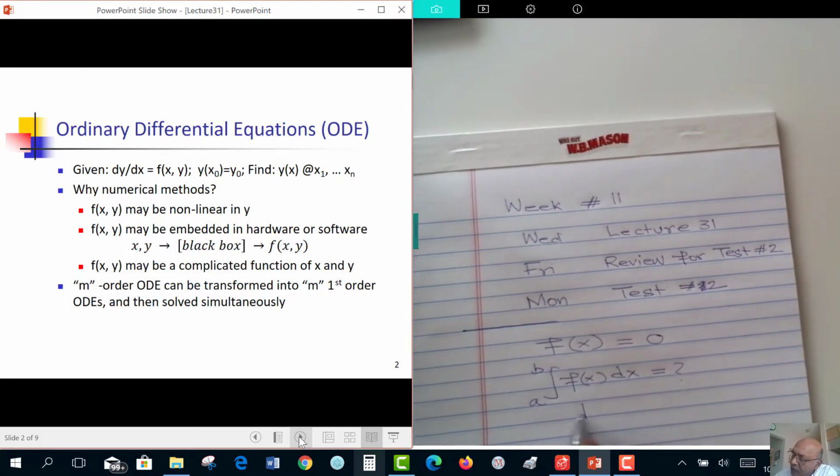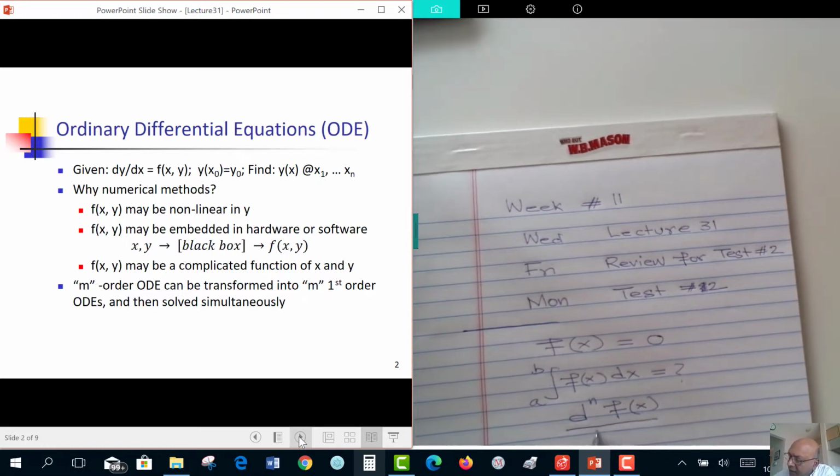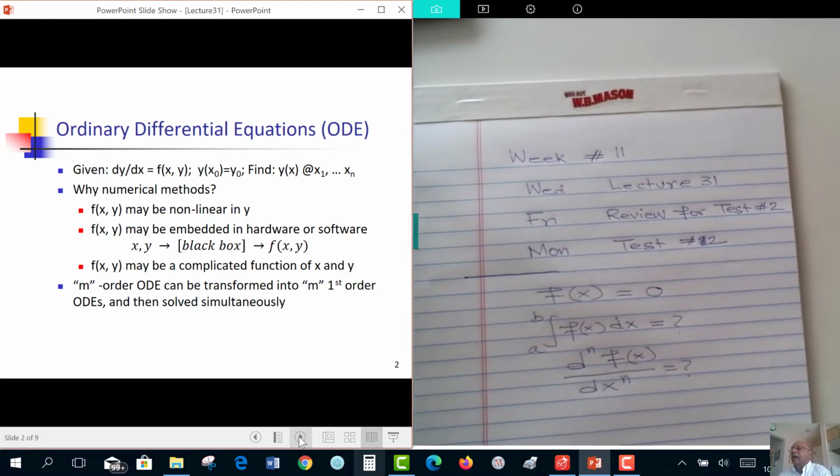And we learned how to differentiate a function. And we can get derivative of any order. Now what we are going to do is we are going to learn how to solve a differential equation, an ordinary differential equation.